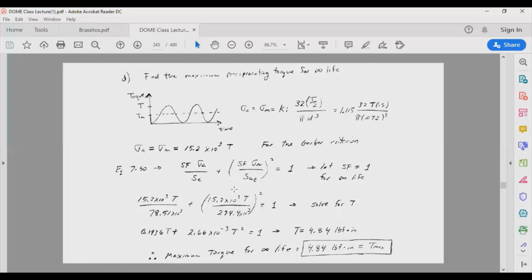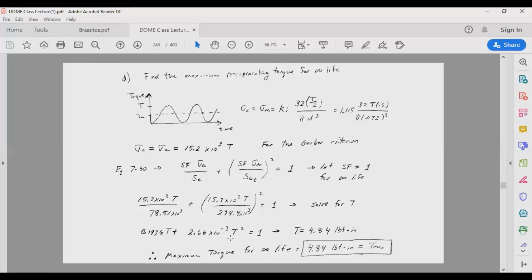Pretty straightforward over here. Once you have sigma a and sigma m as a function of T, you can either write the safety factor equal to SA over sigma A and then get this T, or you can simply use that equation, which is basically the same result. So once you have safety factor equal to 1, you have T here, and T here is squared. You have this quadratic equation, and then you solve for it.